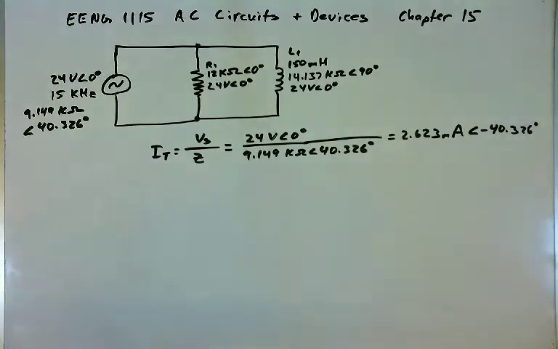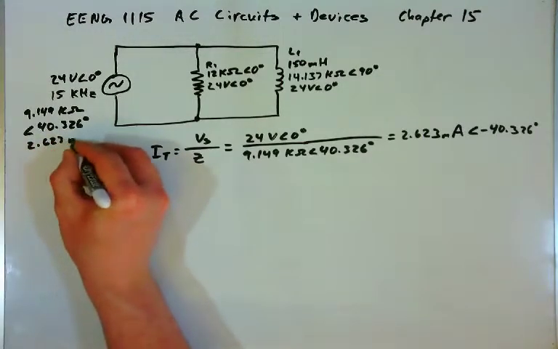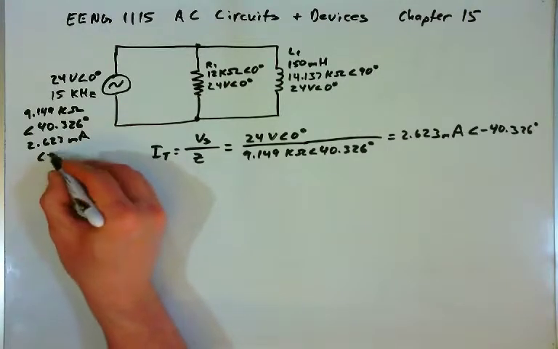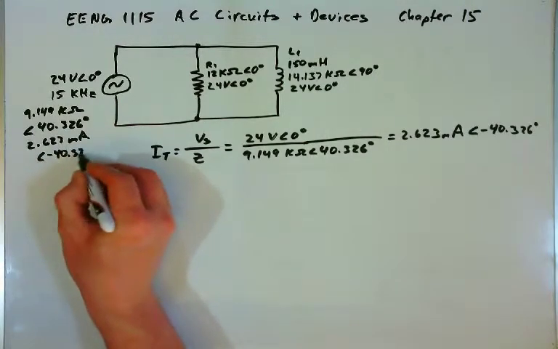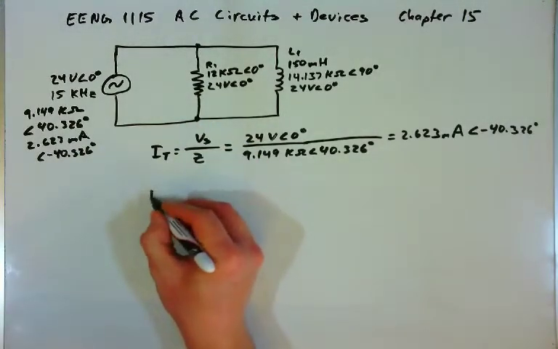So that's the total current of the circuit. We have 2.623 milliamps at an angle of negative 40.326 degrees. Now I can go ahead and find the current on the resistor.